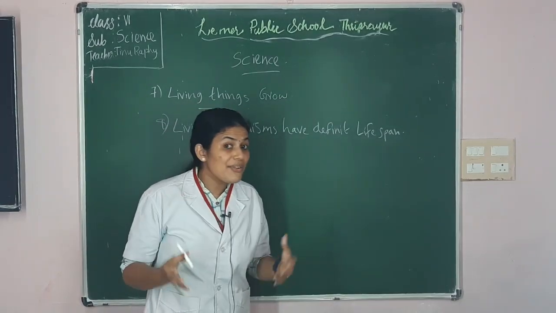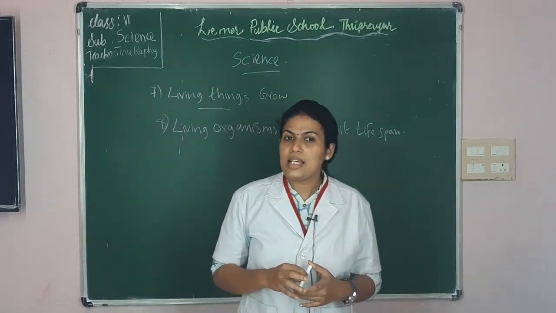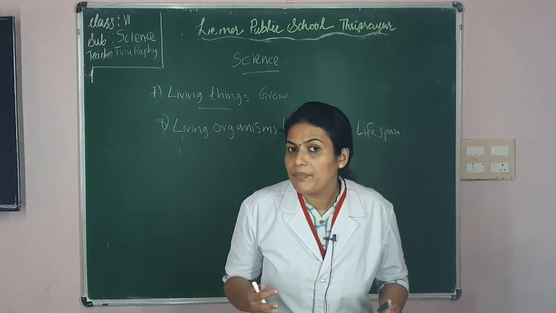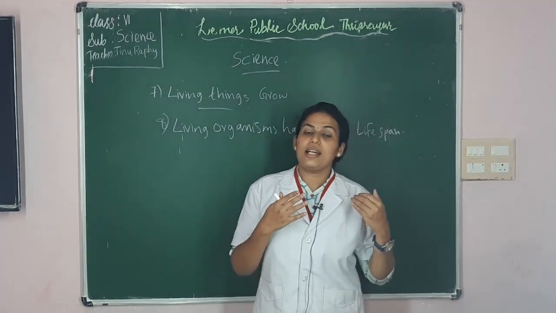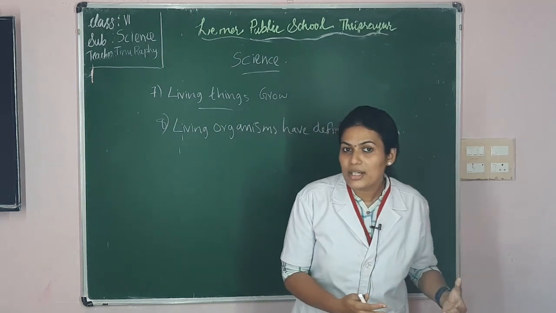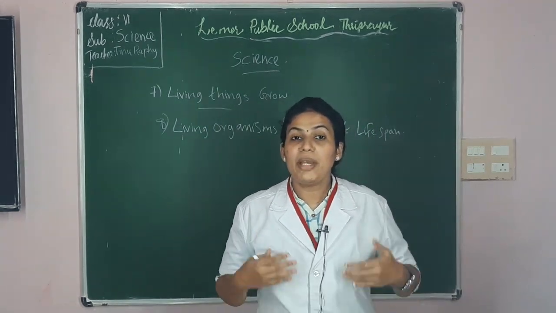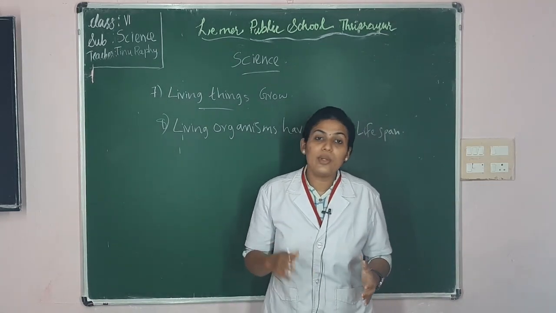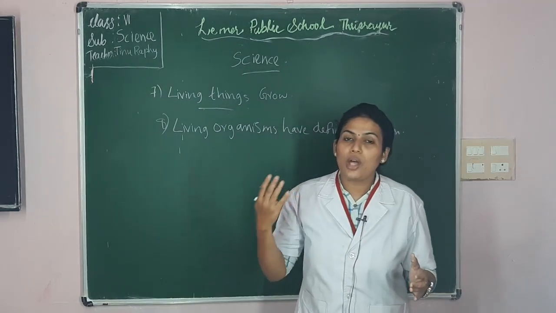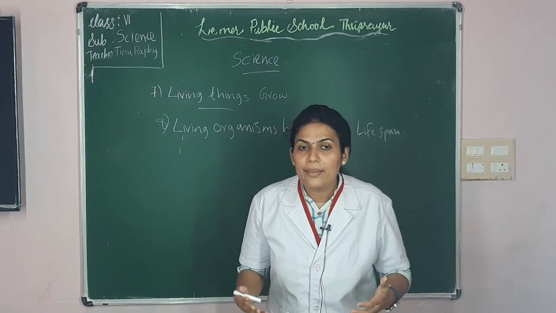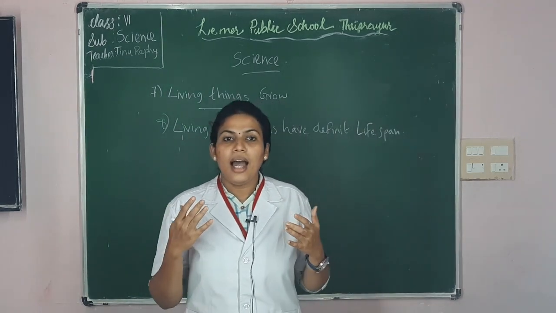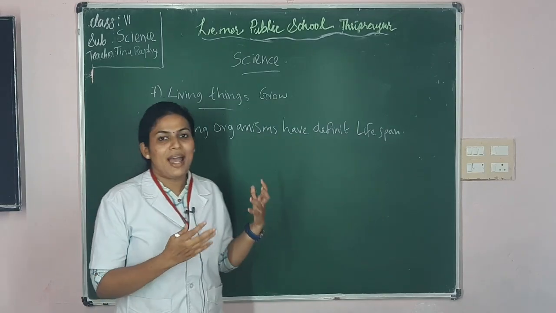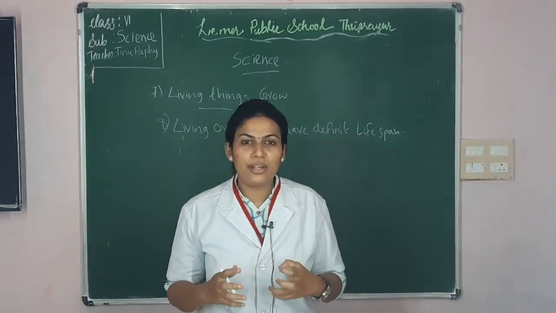What is this lifespan of organisms? Yes, all the organisms are born and they grow as the young ones. Later, they mature and form adults. Now, the mature adults will reproduce, producing the offspring, get old, and finally, at the end of the life, they die, isn't it? So, this lifespan is shown by all the living organisms.